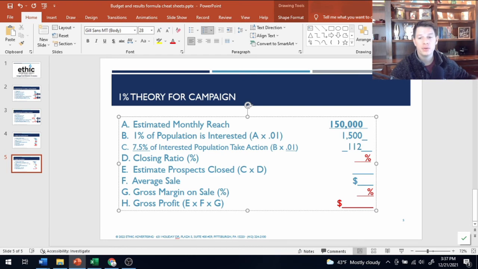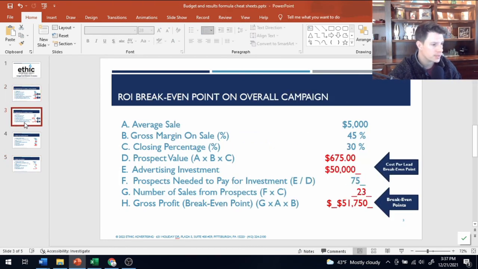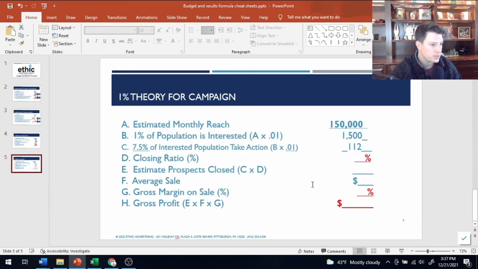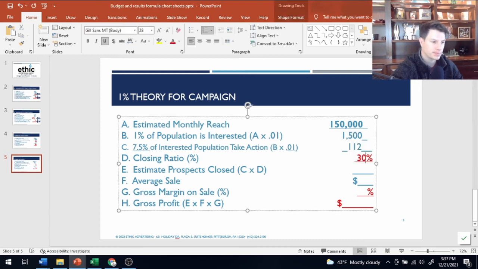So I'm going to use the first example that we had, not the previous example. Our closing percentage is 30%. So I'm going to plug that in. This tells me that if I get 112 prospects, essentially I'm going to close 33.6 of them.